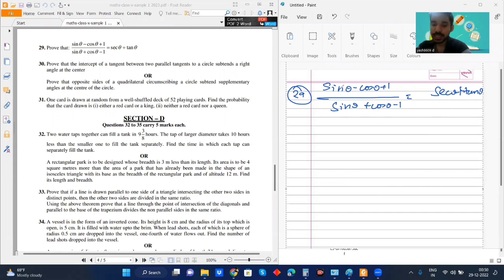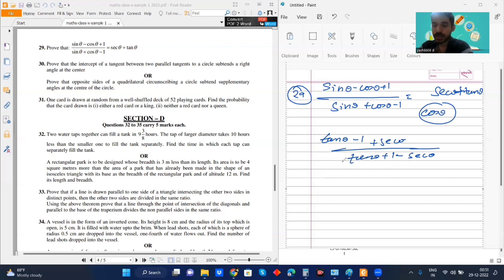So to convert sine into tan, I have to divide it by cos. And 1 by cos is sec. So my intention is to divide the whole thing by cos. So dividing the numerator and denominator by cos theta, I will get (tan theta minus 1 plus sec theta) over (tan theta plus 1 minus sec theta).